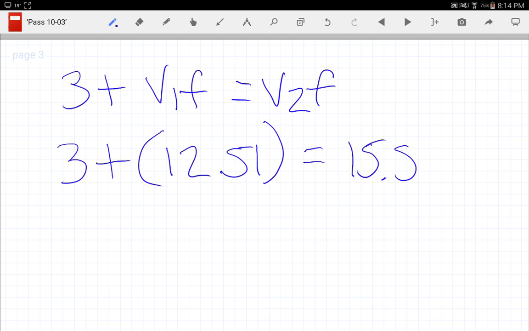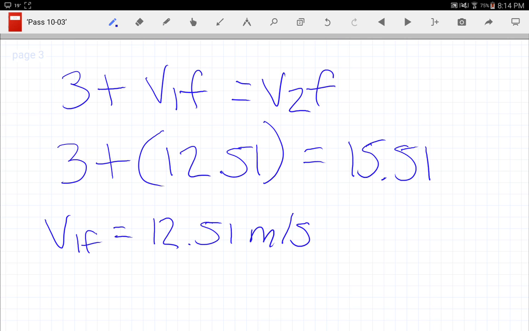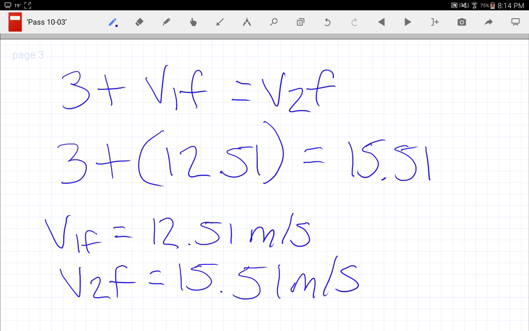Perfect. So the V1 final that we were looking for is 12.51 meters per second, and V2 final equals 15.51 meters per second.